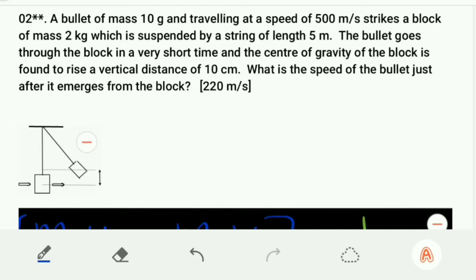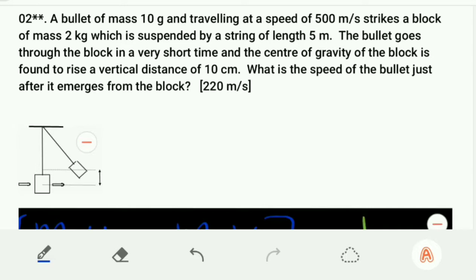It's going to emerge on the other side, and as the block is being hit by the bullet, of course it's going to move. But because it's attached to a string, its motion is such that it's going to go high like that. It's going to gain a height. If there was no string attached, the block would probably have gone straight in the same direction as the bullet.